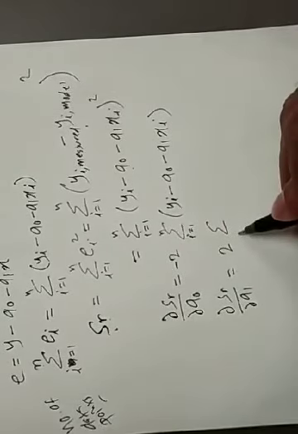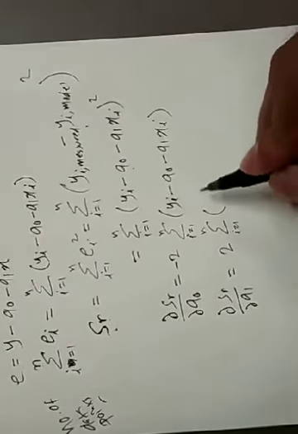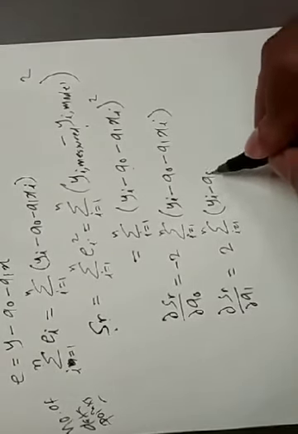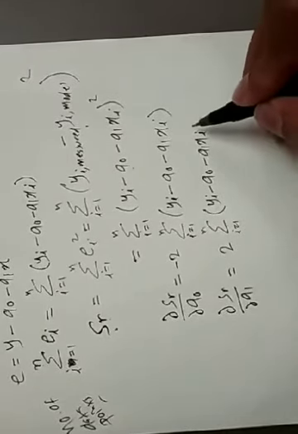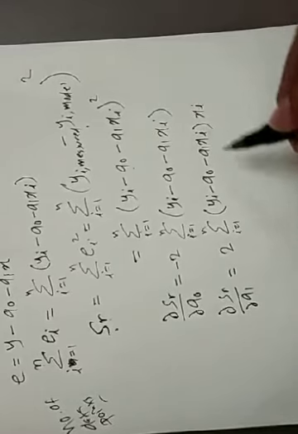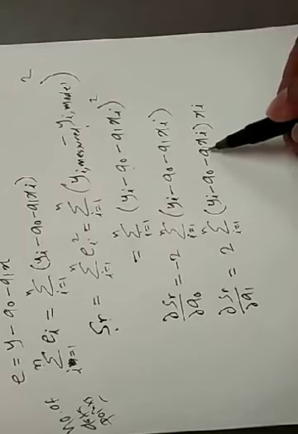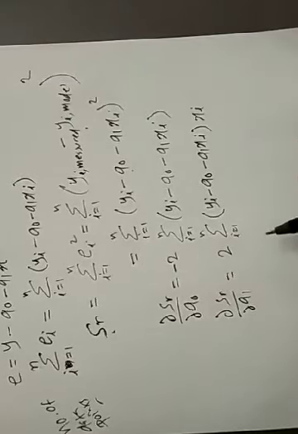It will be equal to (yi minus a0 minus a1 xi) into xi, because we are deriving with respect to a1. So here the derivative of a1 will become 1 times xi. So this is the minus sign.